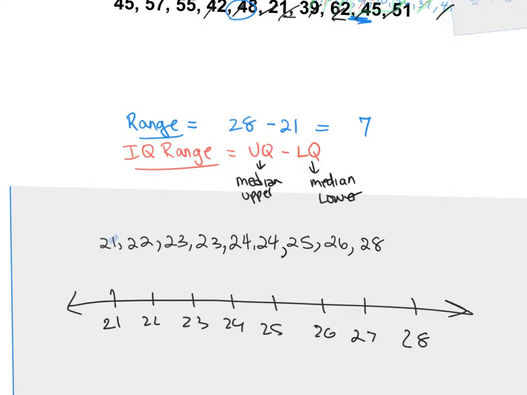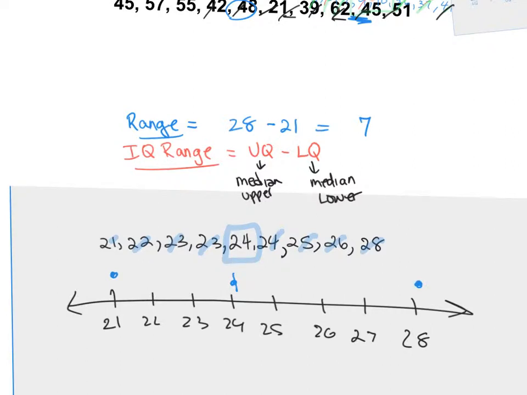The median is 24, so I start with that there. 21 is the lowest point, 28 is the highest point.